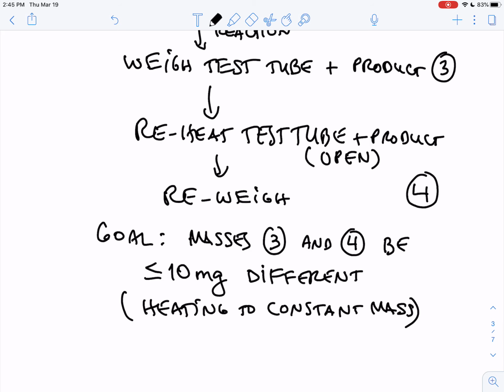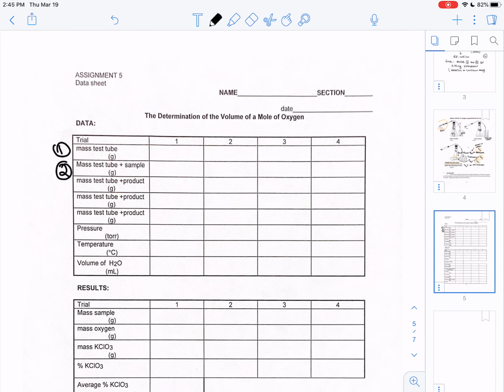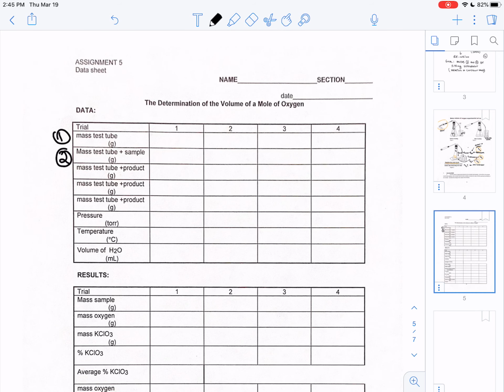Okay? Now, on your data sheet, these values are going to be recorded here. This will be your mass of your product in the test tube. And then after the second round of heating, you'll have that in there. Now, if after that second round, it turns out that the difference between those two items was more than 10 milligrams, then you'll be asked to do a third cycle here, again with the open test tube.